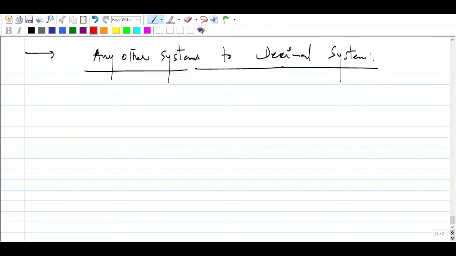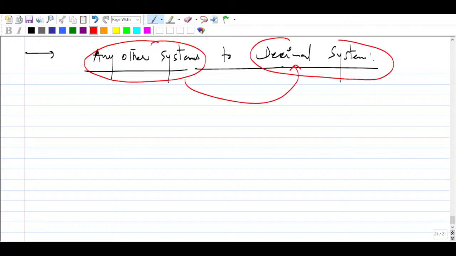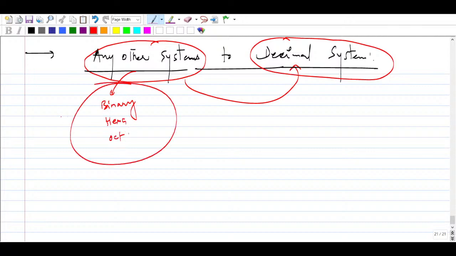Whatever digits are present, you multiply the corresponding weight with that digit and add them up, right? So any other system to decimal, whether it is binary, hexa, or octal, it can be any system to the decimal system.